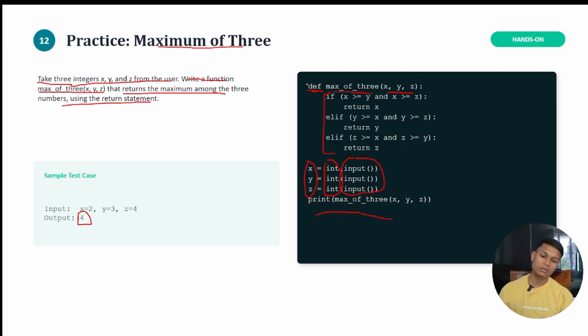After that the function is called and runs and checks the conditions. If those conditions are true, the value is returned and printed as output, which was 4 here. You can see that in the sample I am taking 2, 3 and 4, so we are getting 4 here.